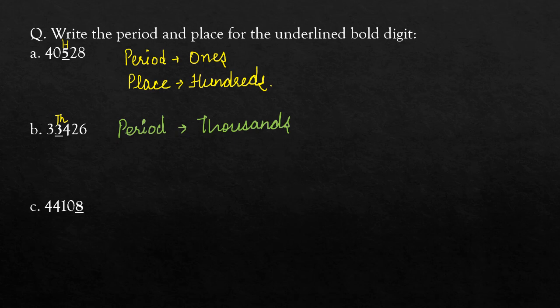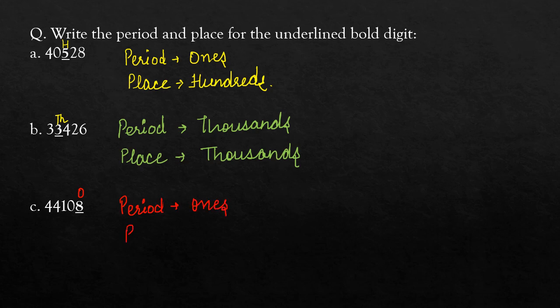So period of 3 here is thousands and place of 3 is also thousands. Then in the next question we have to write the period and place of 8. Now you can see 8 is at ones place. So period is ones and place is also ones.